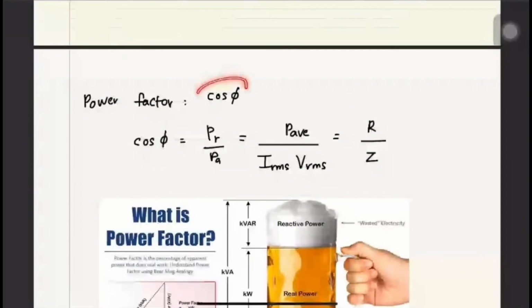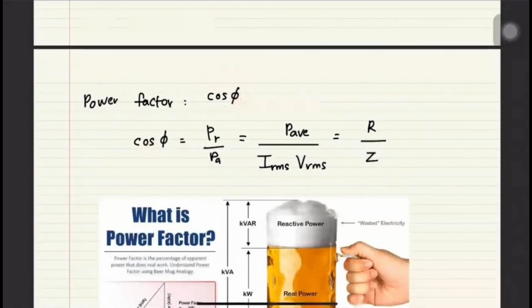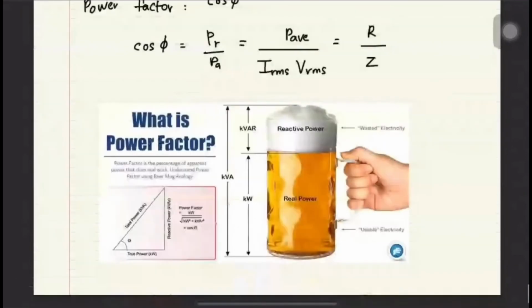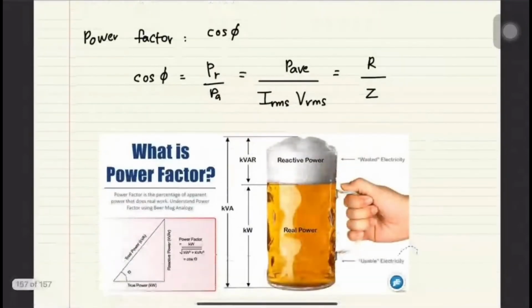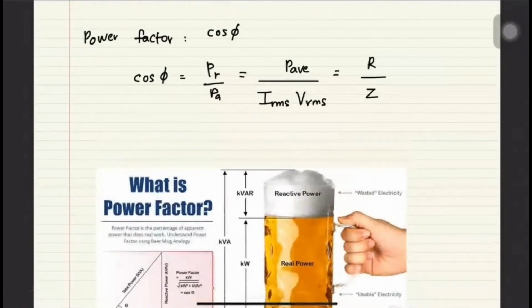And then, kan saya pernah cakap tadi dia adalah indicator untuk efficiency of an electrical appliance. This one is equals to PR over PA. PR here represent P real atau real power.